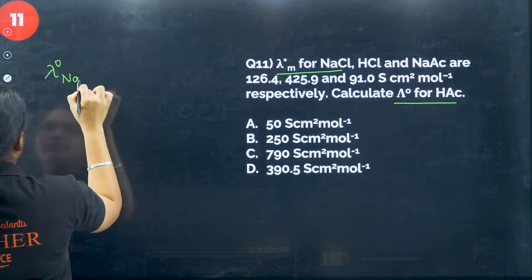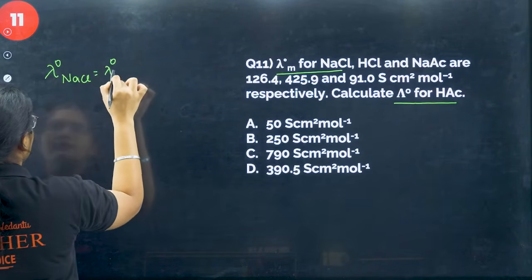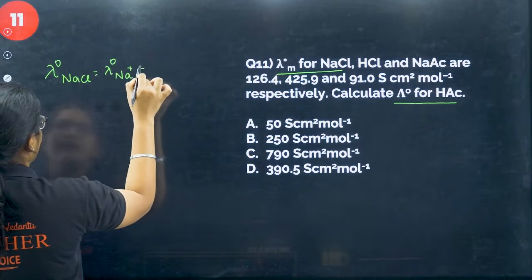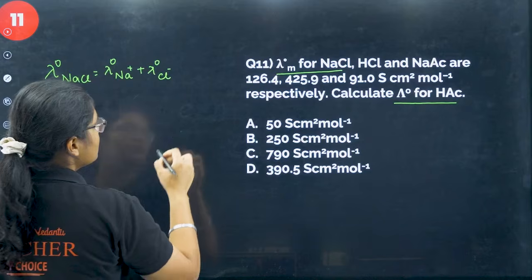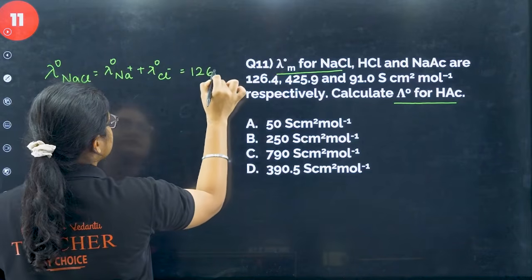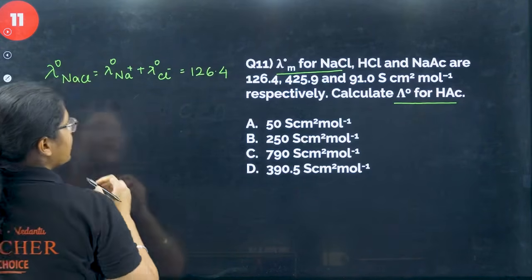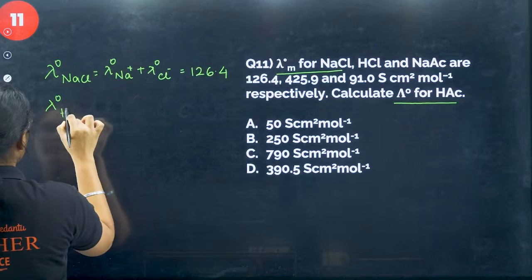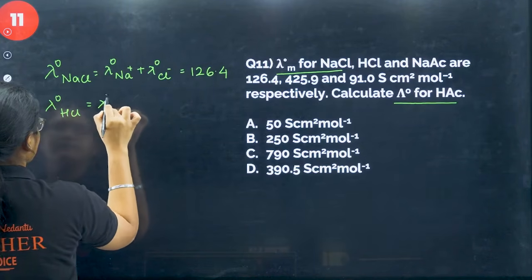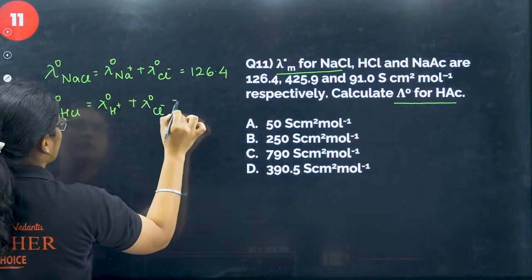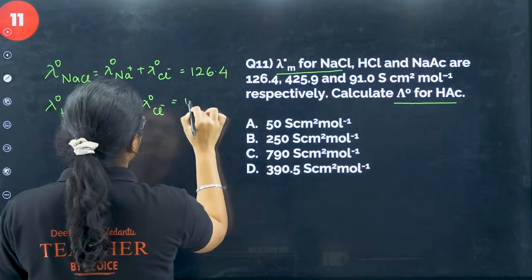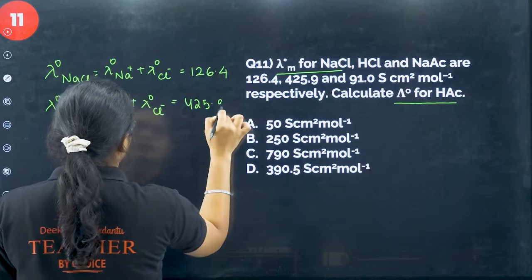Lambda naught of NaCl is equal to lambda naught of Na plus and lambda naught of Cl minus, which is equal to 126.4, okay. Then I have lambda naught of HCl, which is equal to 425.9, okay.